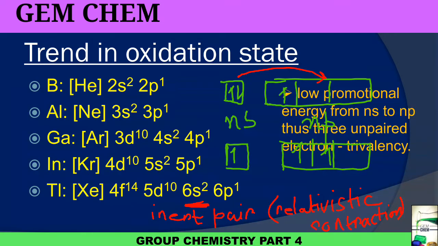So what we can say is that there is a low promotional energy from ns to np, thus three unpaired electrons and trivalency, and thallium exhibits monovalency due to the relativistic contraction of 6s, leading to the inert pair effect, that there is only one outermost electron, hence thallium exhibits stable monovalency.